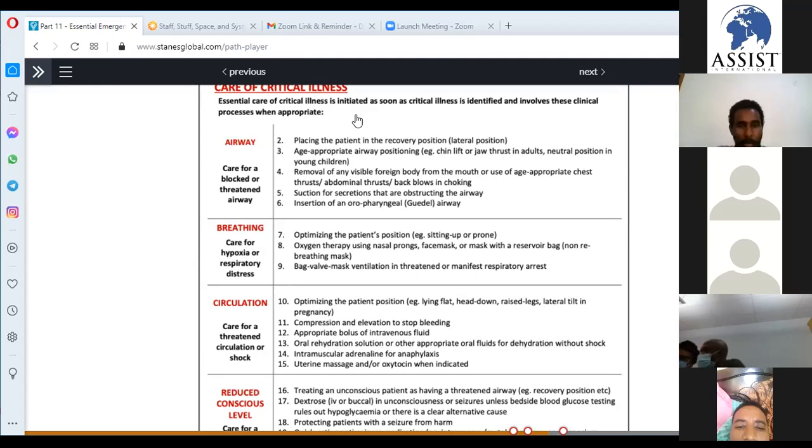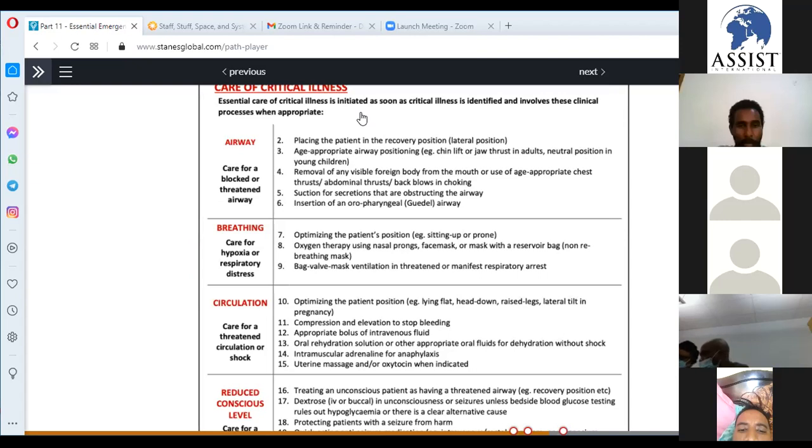If there are secretions, you need to suck. If there is a foreign body, you need to remove it. And if the patient is not breathing well and saturation is dropping, you need to start oxygen supplementation by face mask or by initiating mechanical ventilation whenever needed.